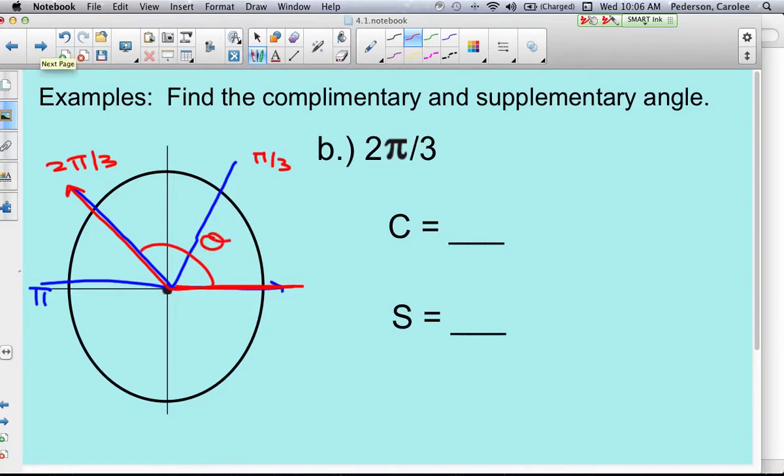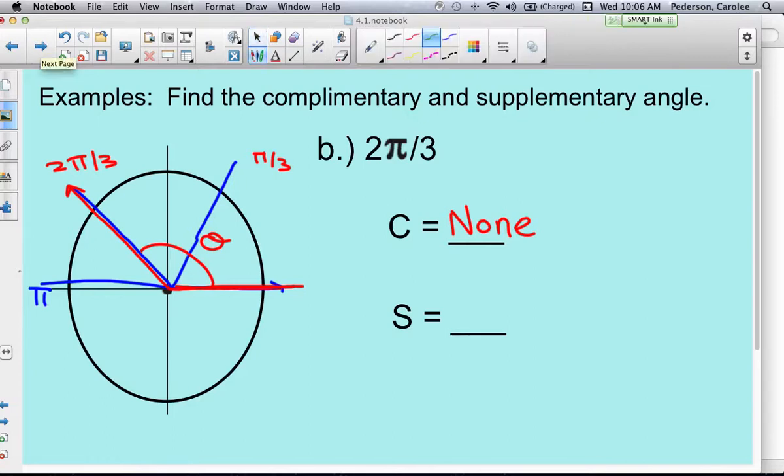theta. So what's the complement? None. It's too big, right? It's past that pi over 2. So there isn't a complement. Nope, can't have a negative either. There just isn't one. Now let's talk about the supplement. Pi over 3. I need that last piece of the pie, right?